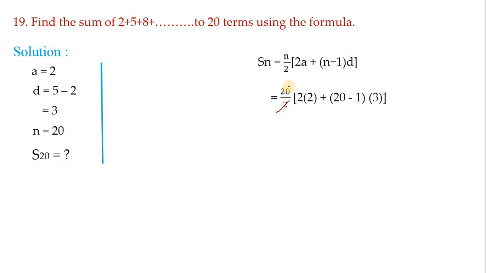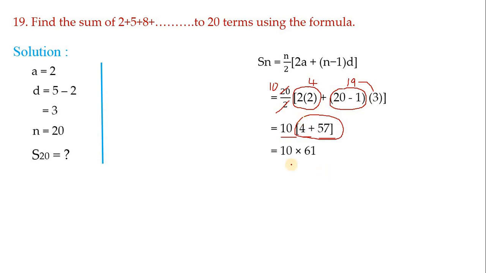Here we can cancel 2 ones and 2 tens, and multiply these two to get 4, and 20 minus 1 is 19, and here there will be 3 itself. So 10, 4 and 19 threes are 57. Now let us solve this. 4 plus 57 is 61. So 10 into 61 is 610. Therefore, the sum of 20 terms is 610.